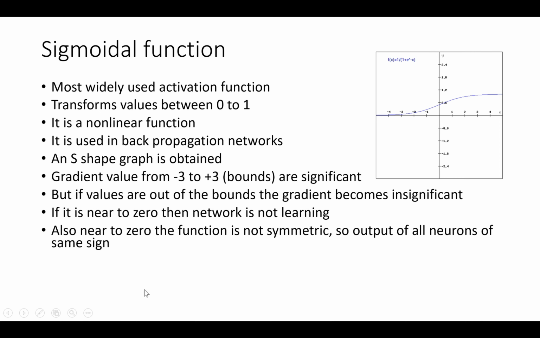The reason why this function becomes dormant is the non-symmetric nature near the 0 value. What happens near 0 is that all the outputs which we get are of the same sign. Let's assume you wanted to predict 2 and your output is 3, so the error should be -1.